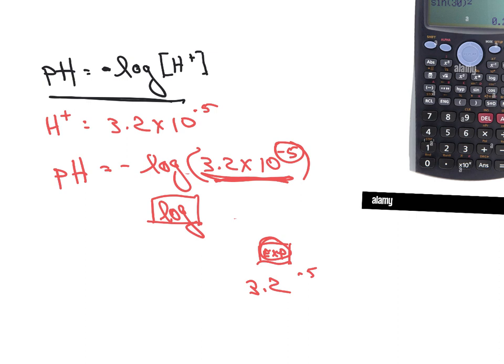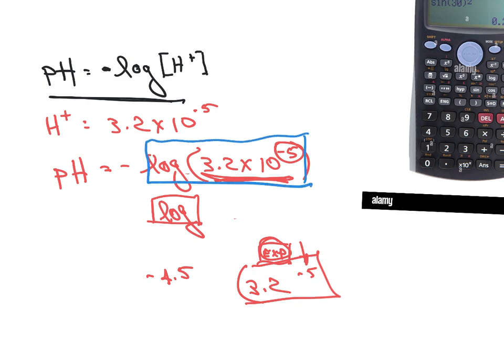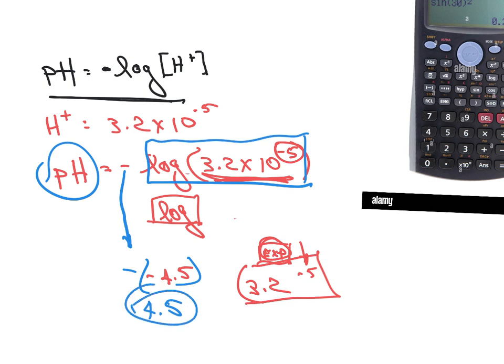So log of 3.2 exponent negative 5, and that should give you a negative 4.5. So that would take care of all of this to get negative 4.5. You still have this negative right here, so let's bring that down. So that gives me a positive 4.5, which means that's what my pH is. And you will always get a positive pH. If you get a negative number for this, you've got something wrong with your negatives.